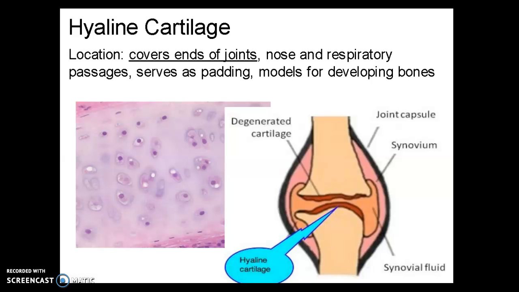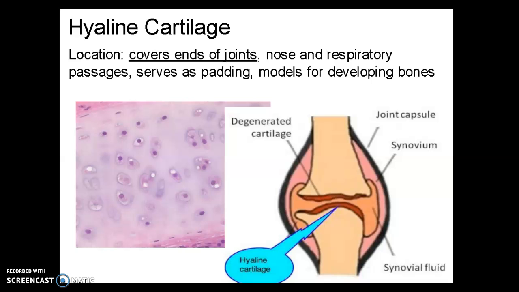There are three different types of cartilage found in the human body. The first is called hyaline cartilage. Hyaline cartilage is found on the ends of bones at the joints. It's also found in your nose and in your respiratory passages, like your windpipe.